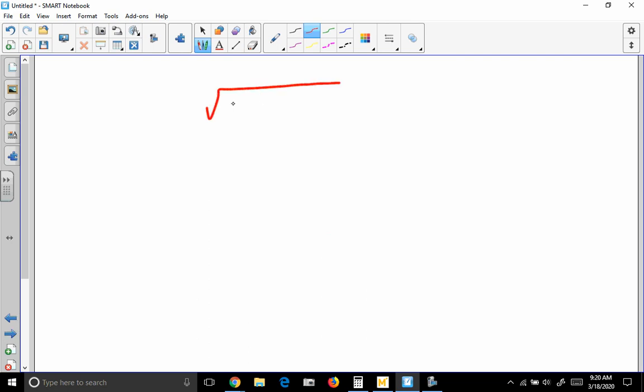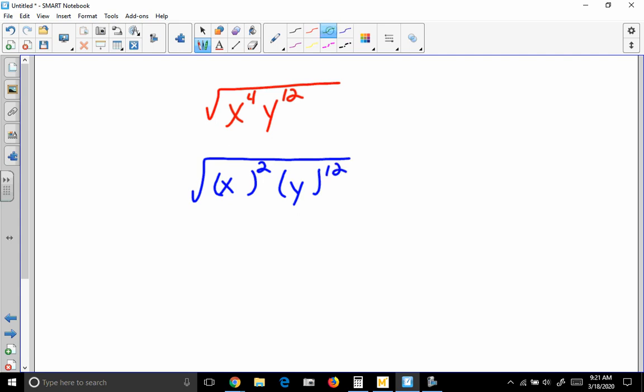If we have multiple variable parts, then we just do the same thing for both of them. We rewrite x to the 4th as something squared. We write y to the 12th as something squared. So for the first one, our exponents need to multiply to make 4. So what times 2 makes 4? 2.